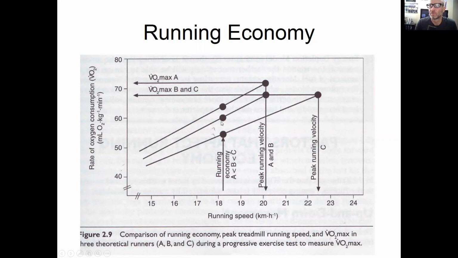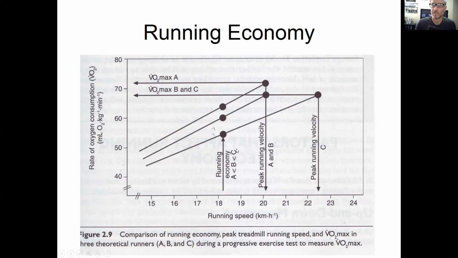So here, if we look at running economy, which is a submaximal speed, running economy for runner C is better than runner A. And I say the word better. I don't say less or greater when I start using running economy, because it can get a little confusing in terms of comparing the magnitude of some numbers versus what the concept means.